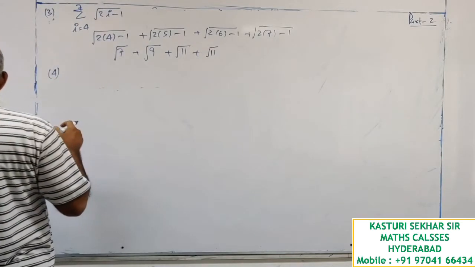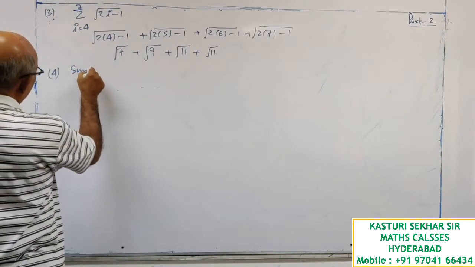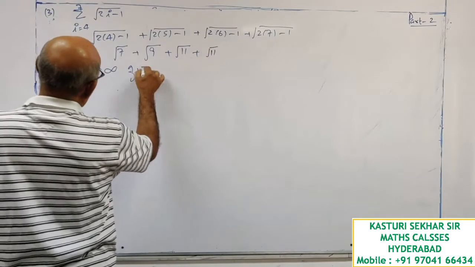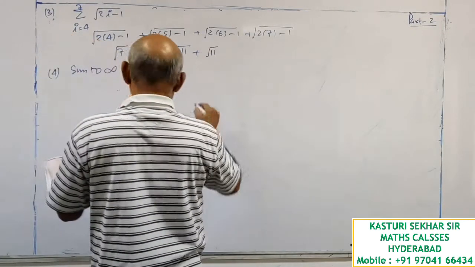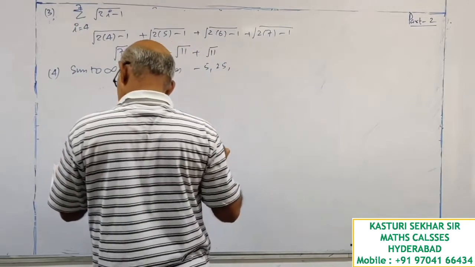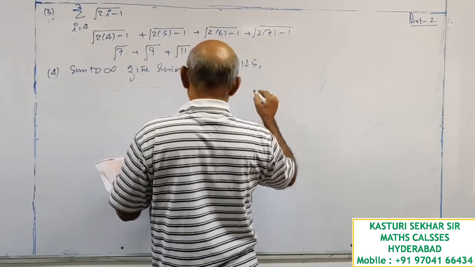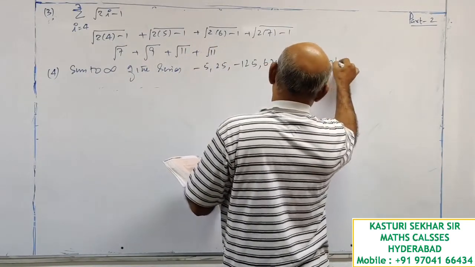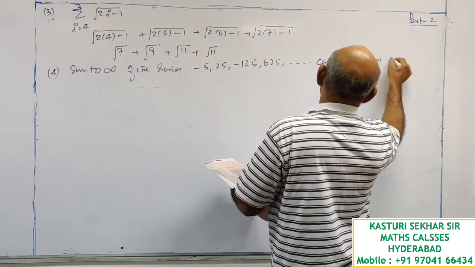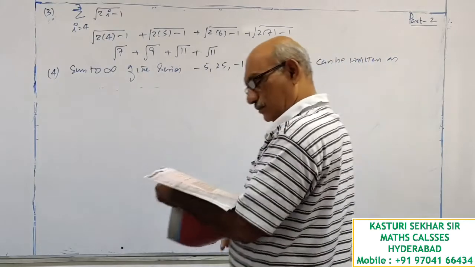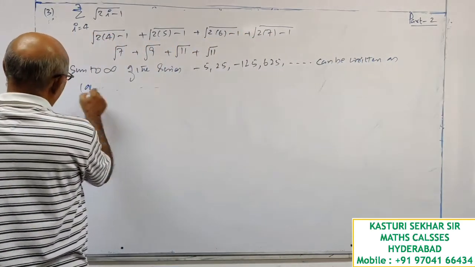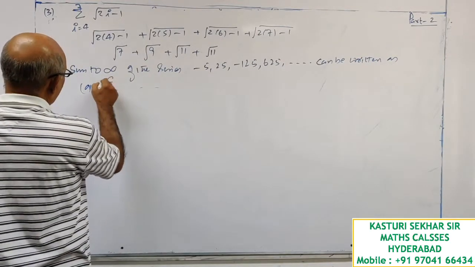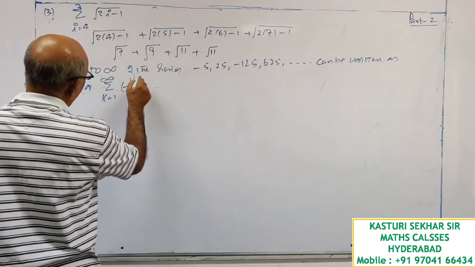Look at the question number 5. Sum to infinity of the series minus 5, 25, minus 125, 625, etc. can be written as option A, summation of k is equal to 1 to infinity minus 5 whole power k.